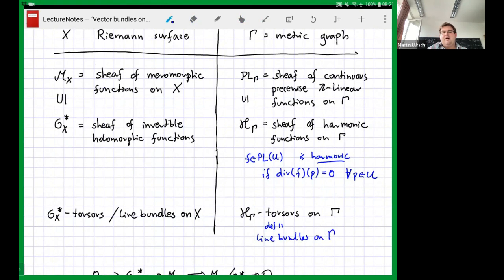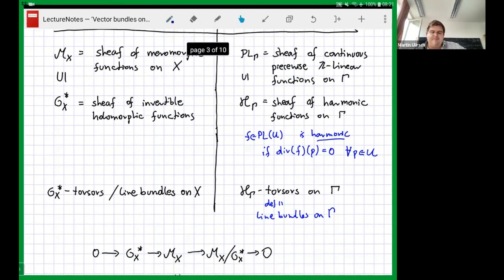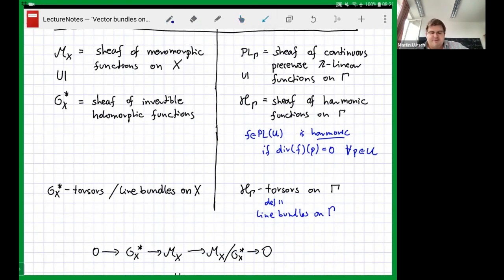Okay, now maybe I should repeat something very classical that all of you have seen in your first class on sheaf cohomology, and then I want to do the same argument on the metric graph. We have a short exact sequence from O_X star to M_X to the quotient sheaf M_X mod O_X star.